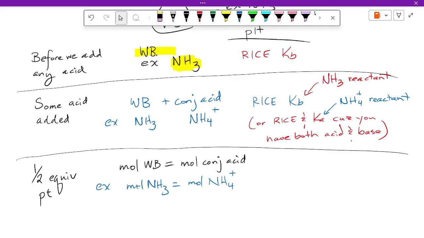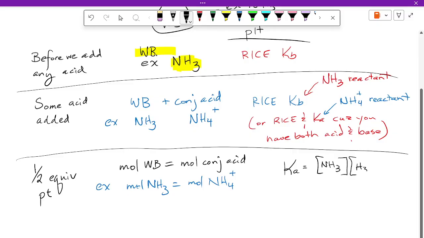And you can use either Ka or Kb. I would use Ka because it's easier. Let's say we did Ka, it would be NH3 times H3O plus over NH4 plus.